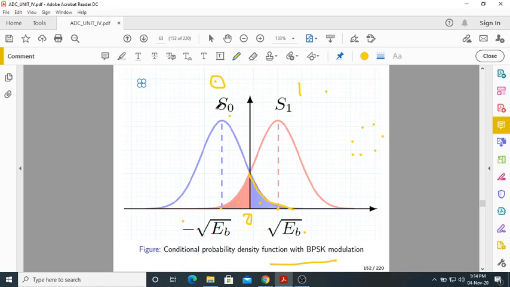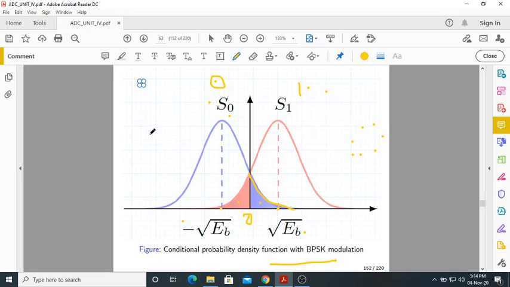So 0 is transmitted, but you are decoding as 1. Then there is an error. That is one possibility. The reverse may also happen. This PDF belongs to symbol 1, but since it is crossing to the negative side of 0, you decode as 0.